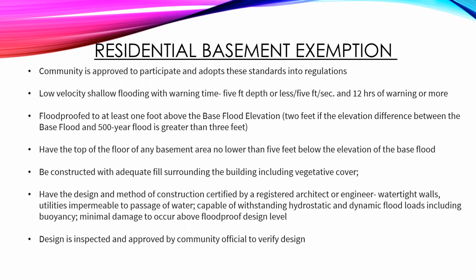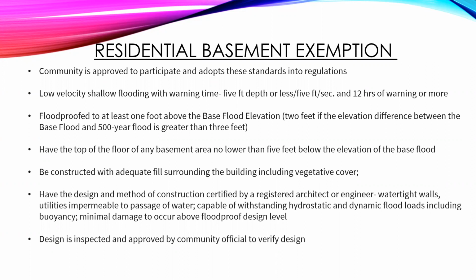But they adopt these standards into their regulations. So again, you have to be approved for this program by FEMA first, and then you have to follow these specific regulations and put that in your ordinance. So it's for low velocity areas, low depth, 5 feet or less. Then you floodproof the basement at least 1 foot above the BFE. The top of the basement floor cannot be more than 5 feet below the base flood elevation.